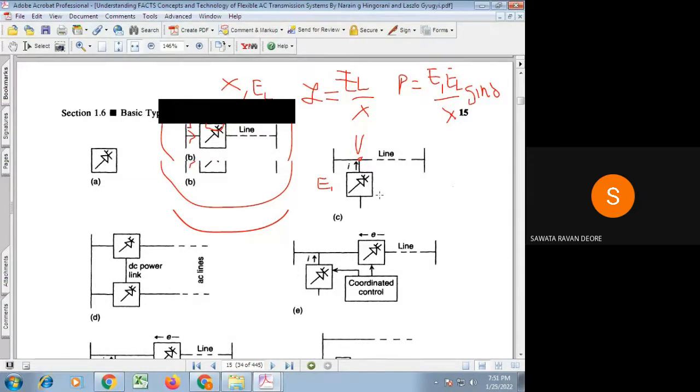But if your objective is to enhance the power flow through the transmission line or to damp out the power oscillation, then it is better to go with the static series compensator.